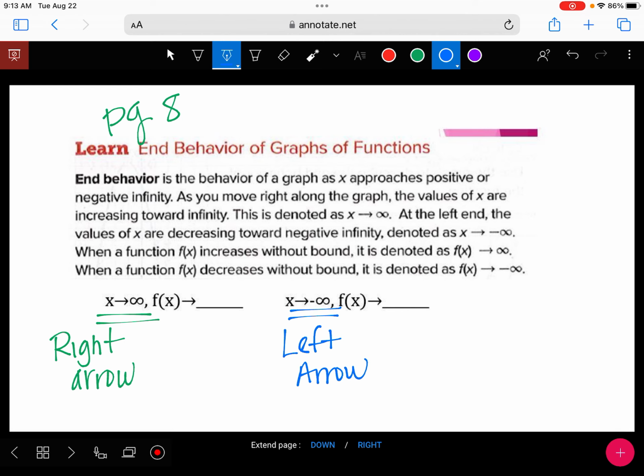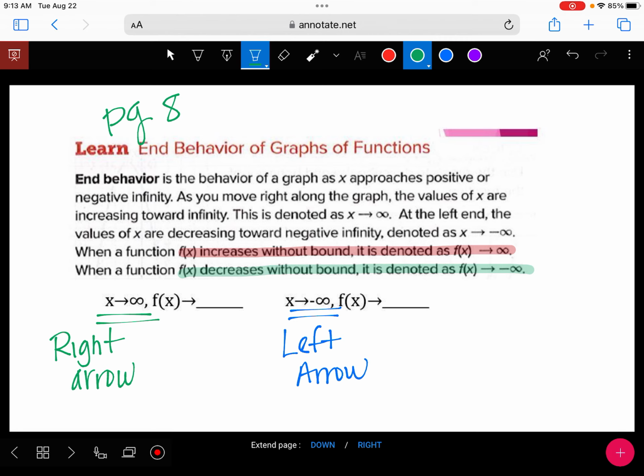If the graph is going up, which would be right here, then we say it's approaching positive infinity. And that's what we would put here on this line. But if the graph is going down, then we say it's approaching negative infinity.